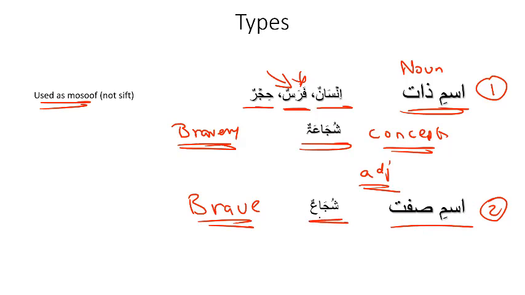So shuja'un is an adjective, and if I want to describe a man as being brave, I'll say rajulun shuja'un. So a brave man. If I want to say the brave man, I will say ar-rajulu ash-shuja'u. If I want to say the man is brave, I will say ar-rajulu shuja'un. This is something we discussed at the start of this course, and I will give some more examples shortly.